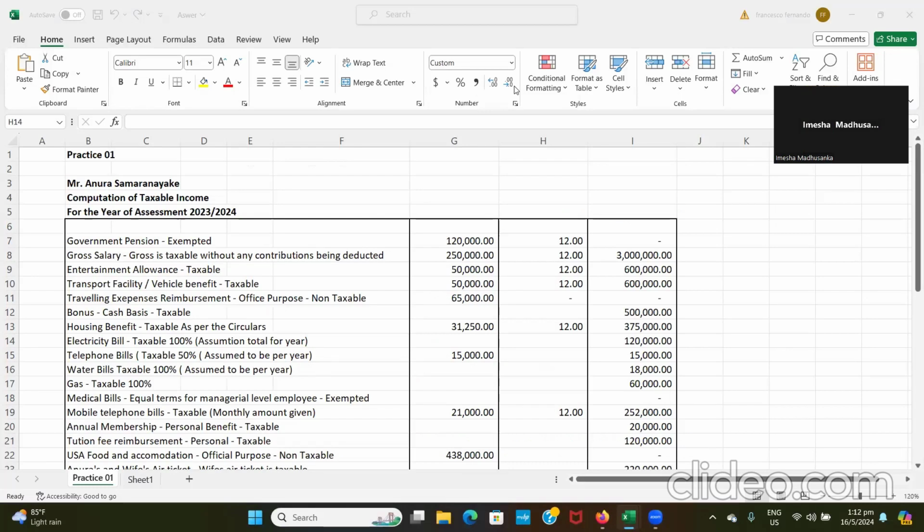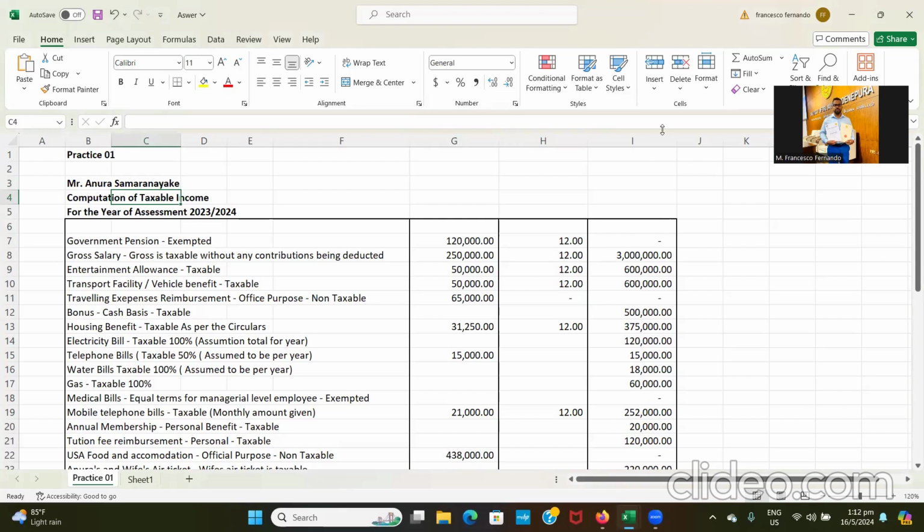Okay, so normally we should write the name of that person on the top, then write computation of income tax liability or taxable income, whatever. You can say computation of taxable income or computation of income tax. As an example, Imesha Madhushanka and Madhushanka Imesha are both the same.